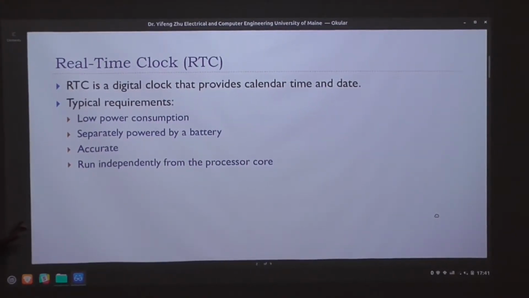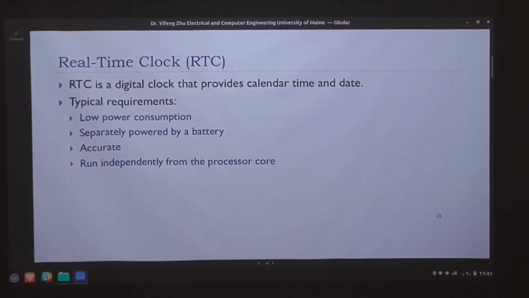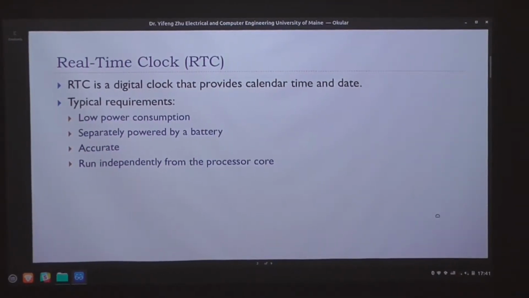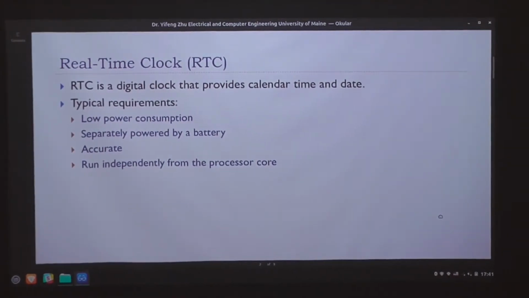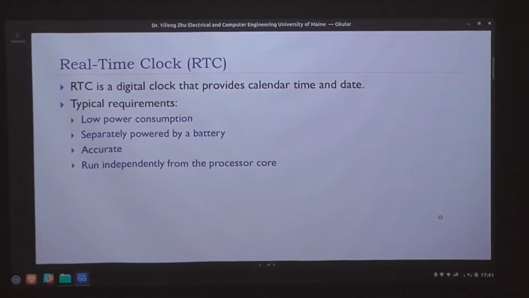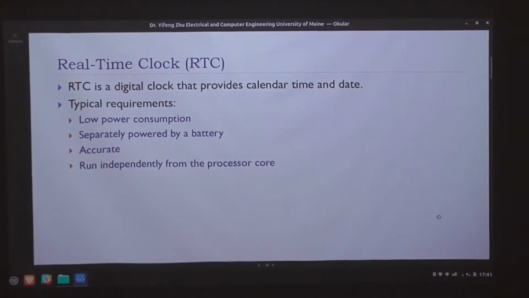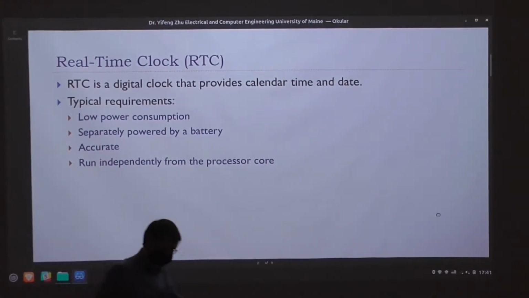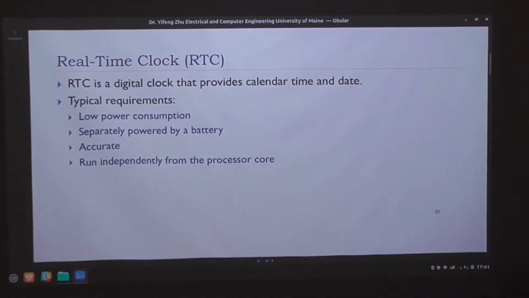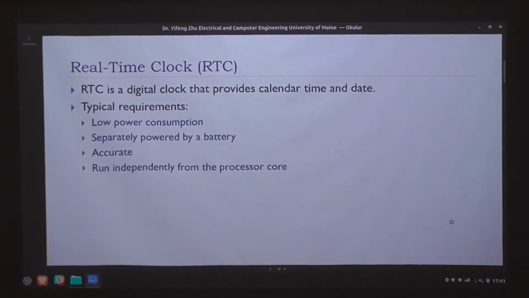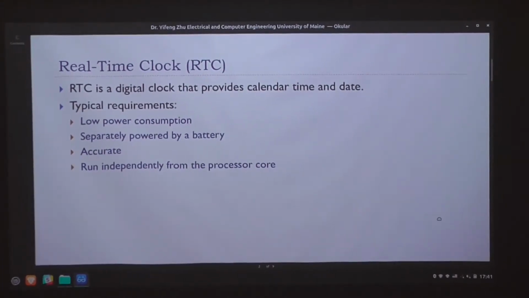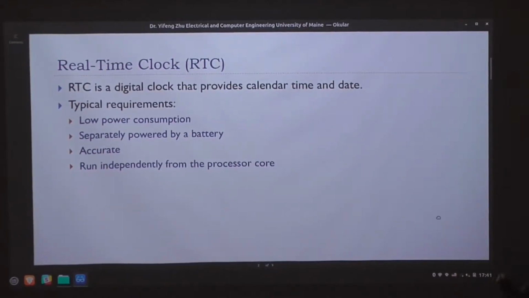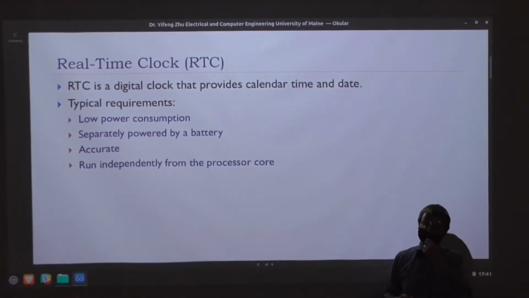What this allows is the real-time clock to preserve its date and time through power cycling of the main circuit. So, if you cast your brain back, perhaps some of you who played Pokemon Emerald or the older Pokemon games, they have this thing now where if you have an old Pokemon cartridge, the date-time functionality no longer works on it. You can actually pay people to replace the batteries in it.